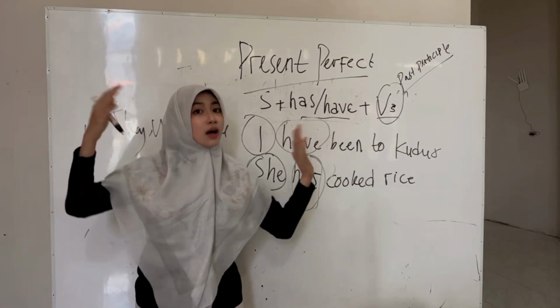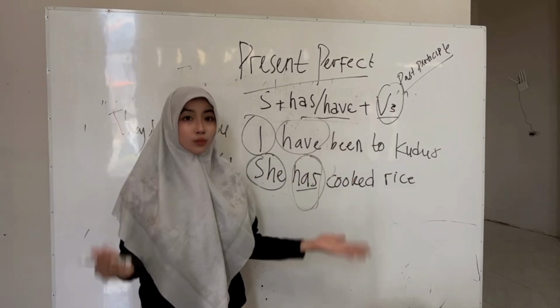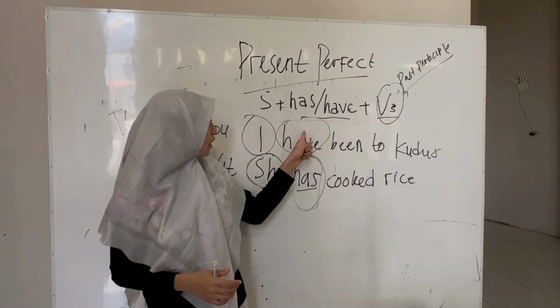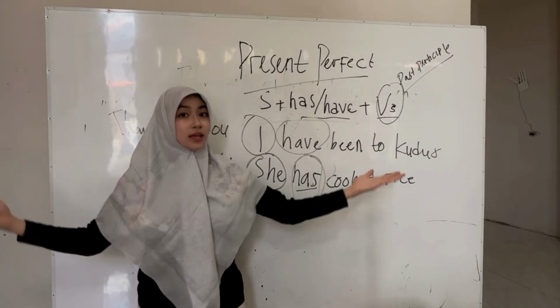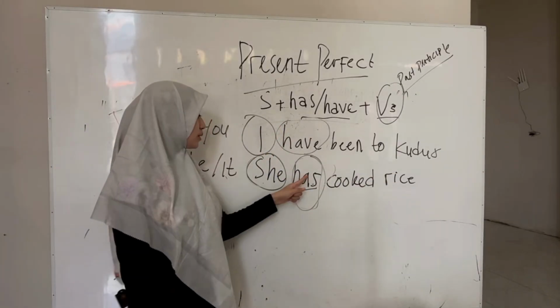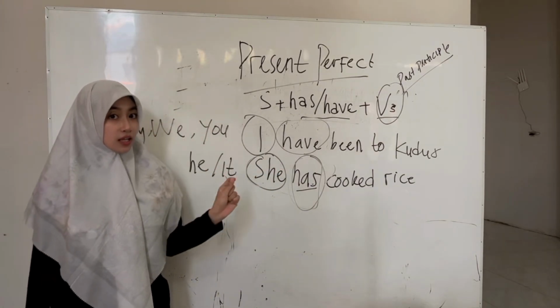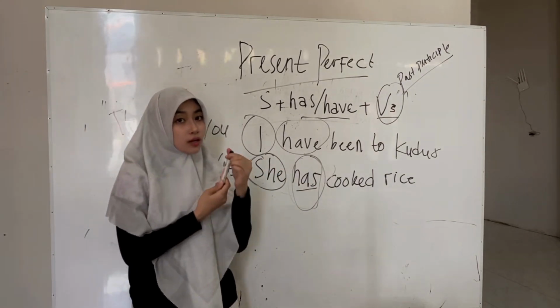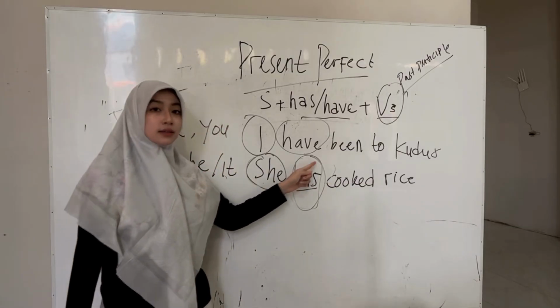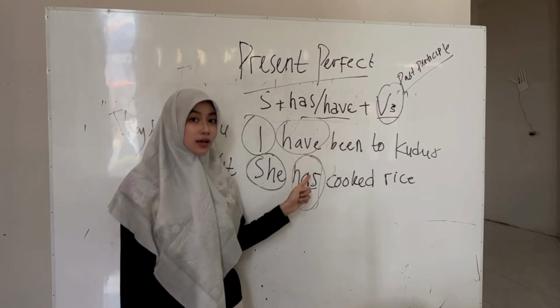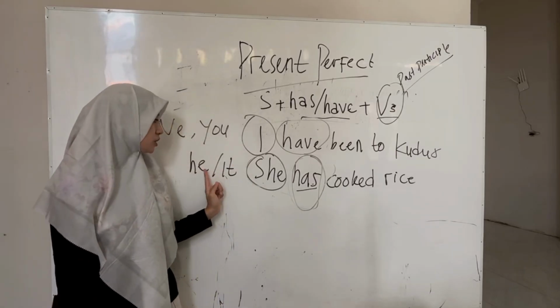She has gone. I have done the work. So we use have for the subjects I, you, we, they, and we use has when the subject is she, he, it.